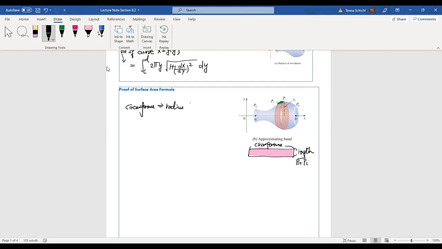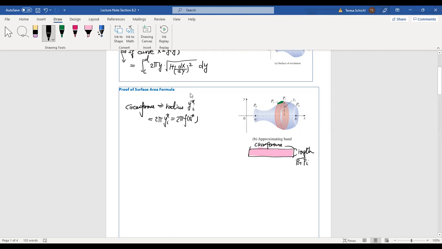So it's y_i star here. So this is the radius. So the circumference will be 2 pi what? It will be 2 pi y_i star. Or you can say it's 2 pi f of x_i star, right? Okay, so this is my circumference.